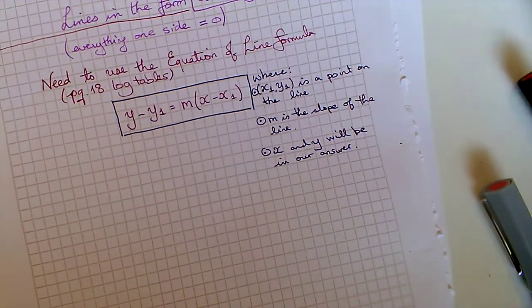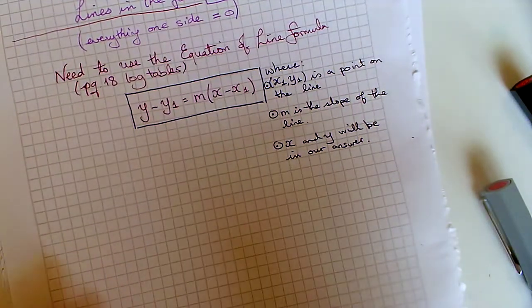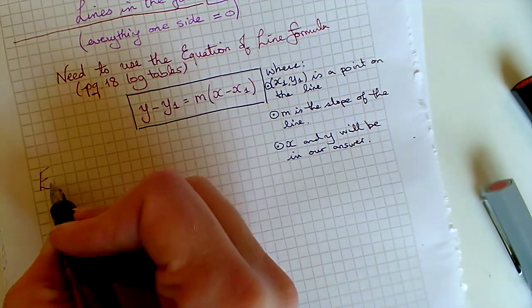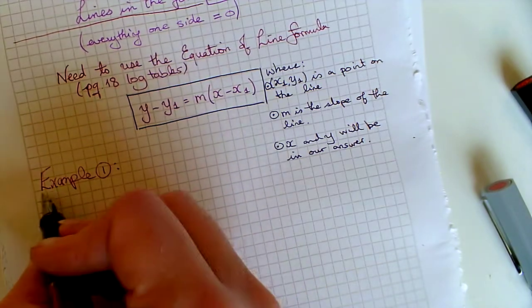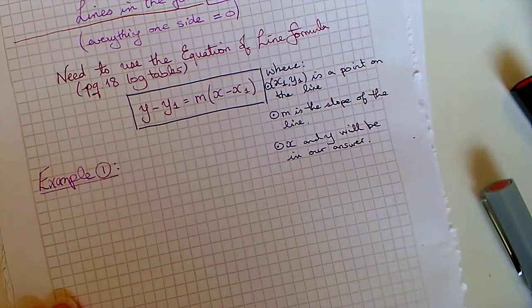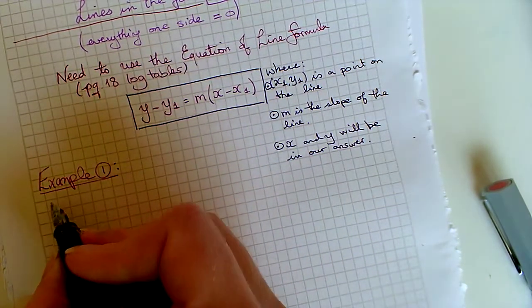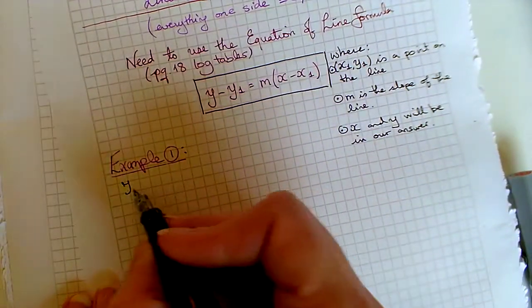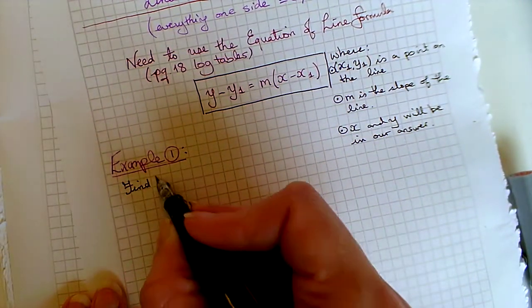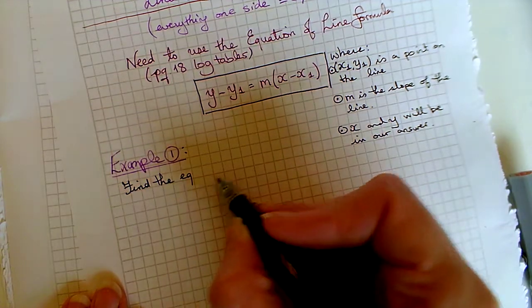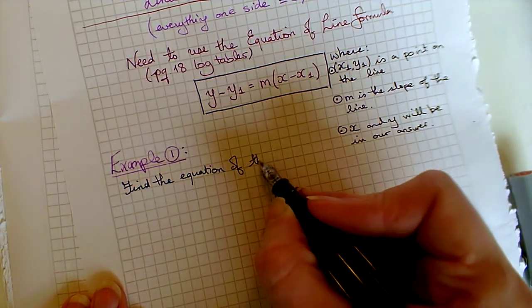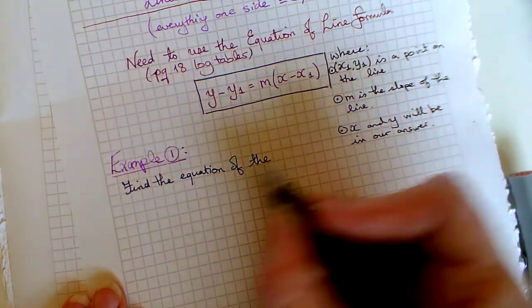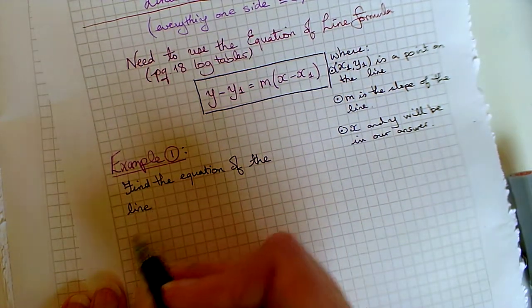So let's look at an example of how we might do that. Find the equation of the line. I'm going to give the line a name.